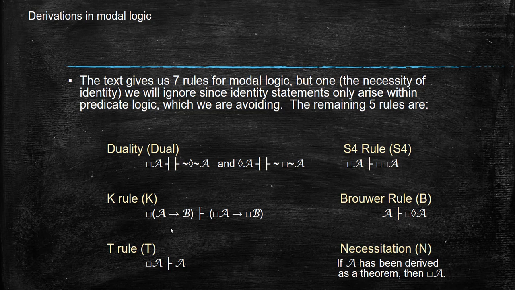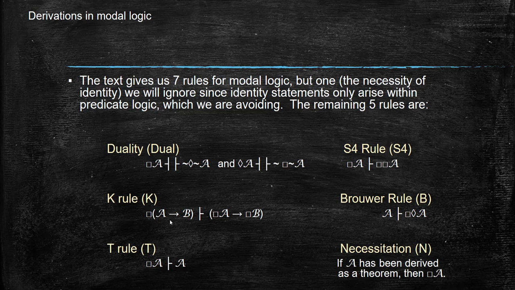And although we could prove this semantically, formally, we can appreciate it informally like this. Suppose it's necessarily the case that if A then B. Well, what does that mean? It means that if A then B is true in every world.